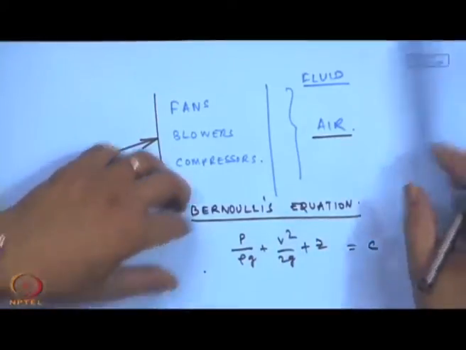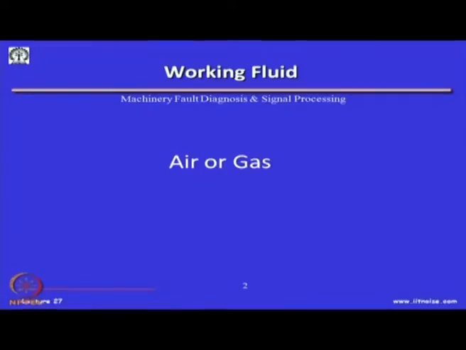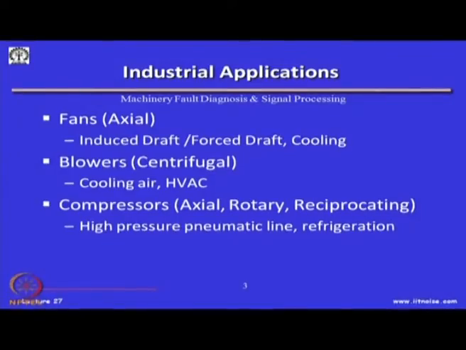Now, what are the probable industrial applications? If you see the industrial applications, fans, though I have written them as mostly axial, blowers are centrifugal, and compressors are axial, rotary or reciprocating.